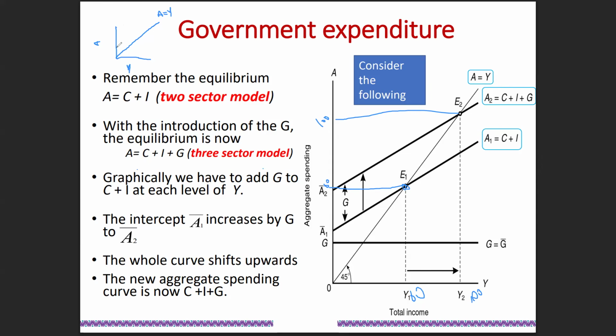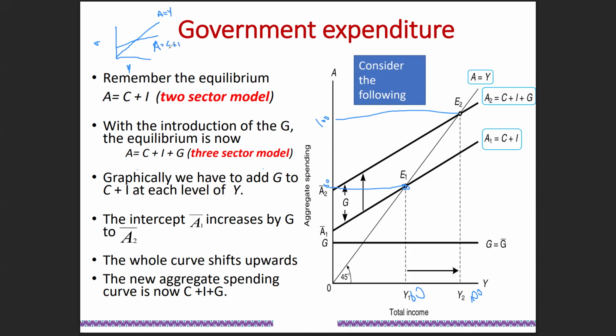This is our aggregate expenditure curve, where A equals C plus I. This is the two-sector model, right? We have something like this in a two-sector model.